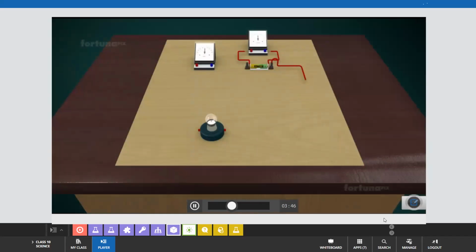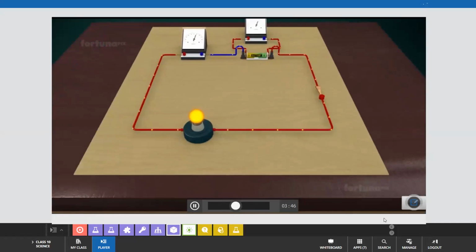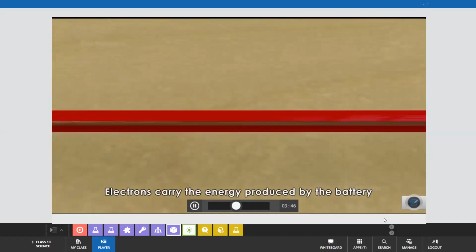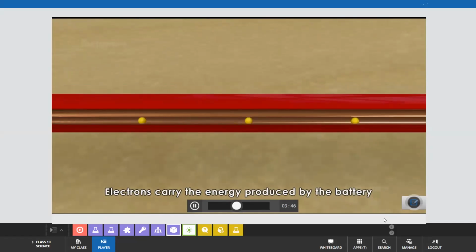If we use copper wire to connect the positive side of the battery to a light bulb, and then complete the path by connecting the bulb to the battery's negative side, an electric current will flow, and the bulb will glow. Electrons carry the energy produced by the battery.